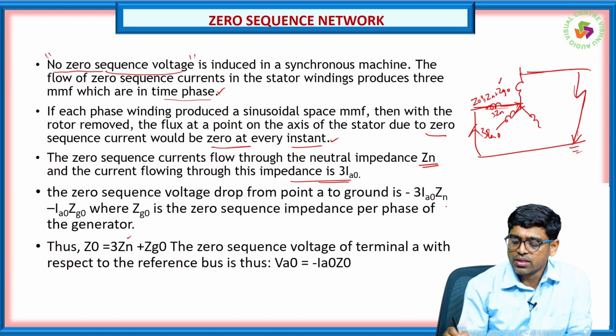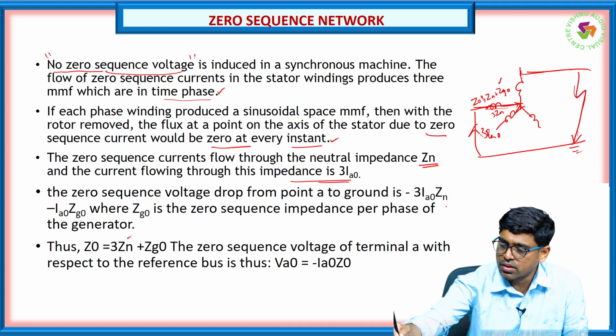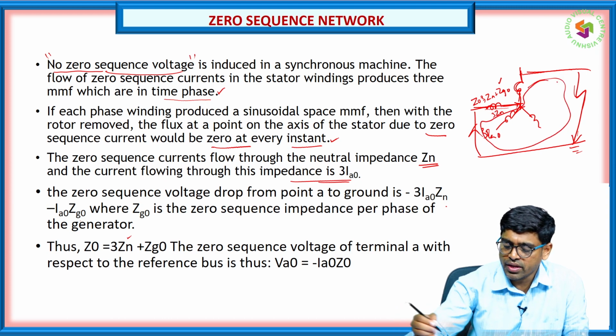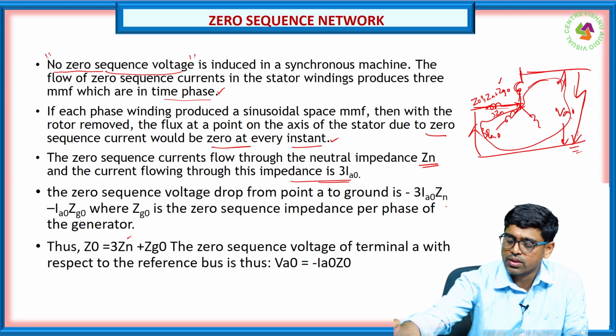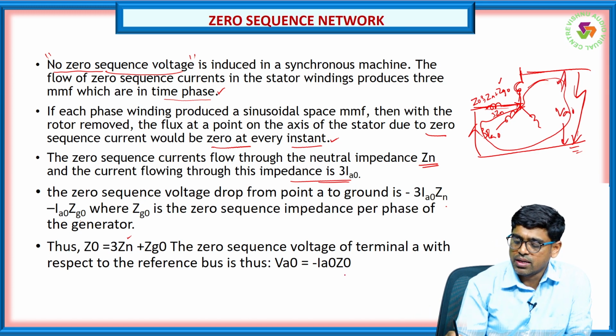The zero sequence voltage of this terminal with respect to the reference bus: if you take this loop, we get Va0, and Va0 is minus Ia0 into Z0.